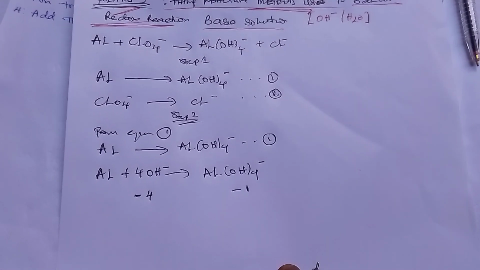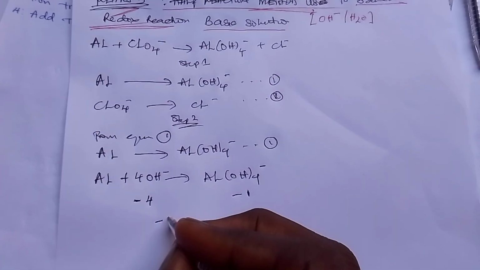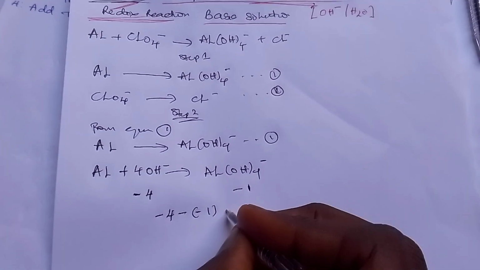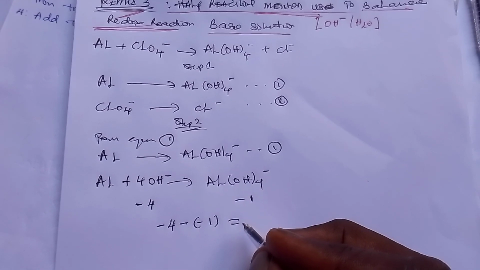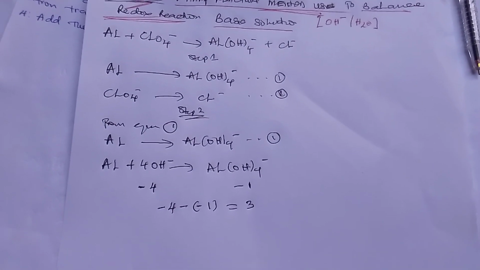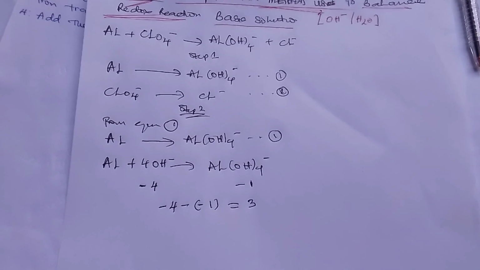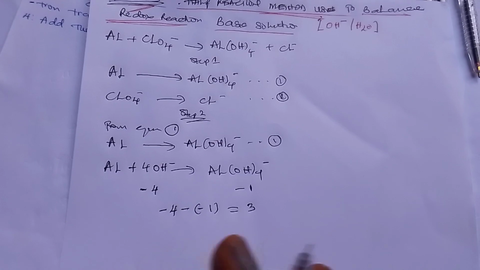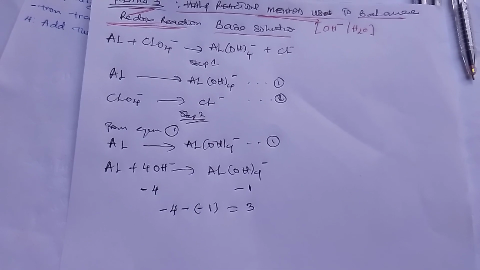There are 4 anions at the left hand side, and there is a -1 anion at the right hand side. So what will I do now? I will find the difference between -4 and -1, and that, I think, is equal to 3. Now, I will add 3 electrons to the side that has the highest charge. -1 and -4, which one do you think has the highest charge?